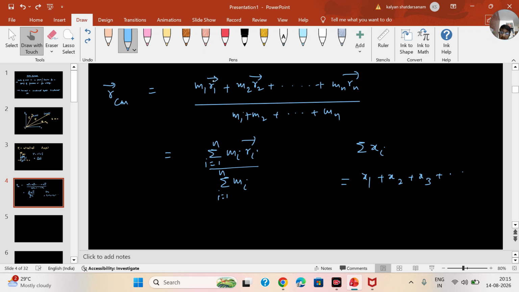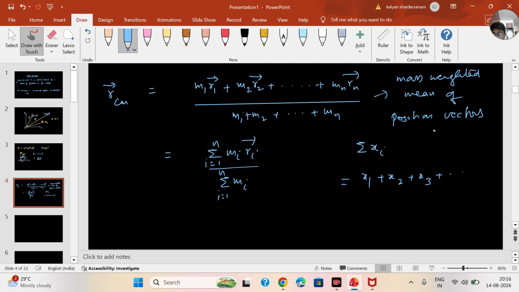So you are multiplying the position with the corresponding mass located there, similarly the next position with its corresponding mass and so on, and adding all these and dividing by the total mass. So this is what we call a mass weighted mean of position vectors.